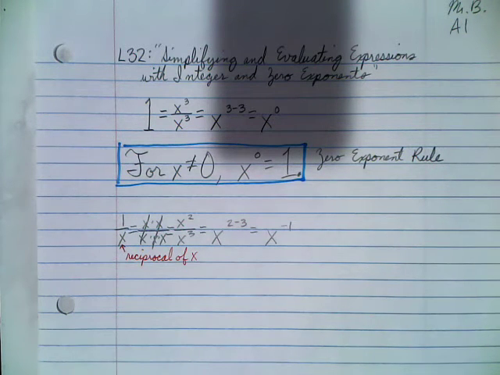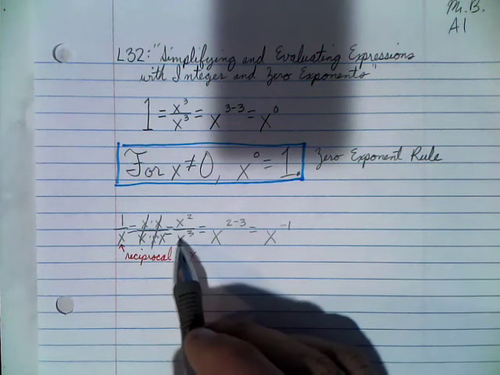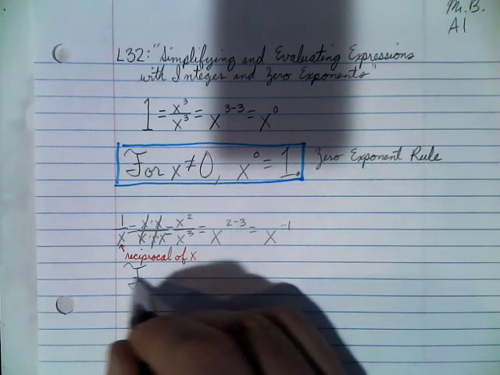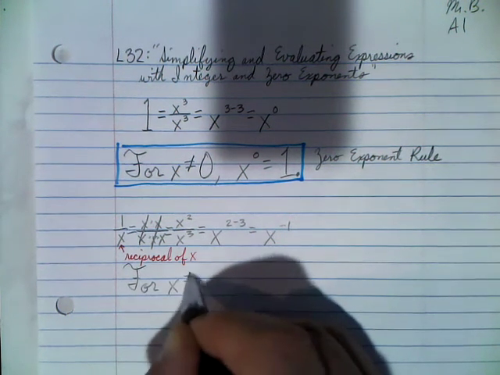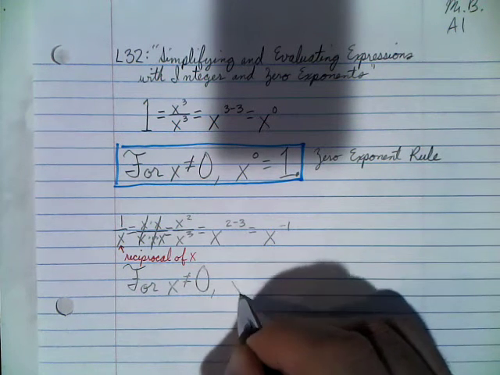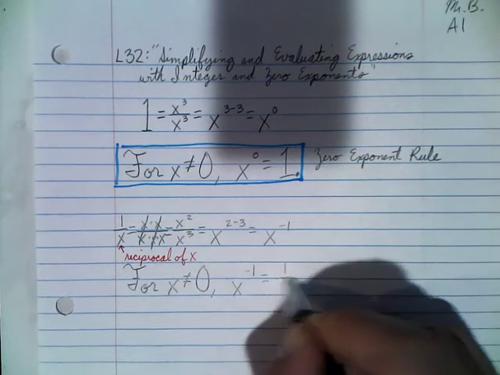which leads us to our next property, which also, since this is explained through fractions, you cannot have 0 in the denominator. So once again, it's going to start with, for x not equal to 0. And this one says x to the negative first power equals 1 over x.